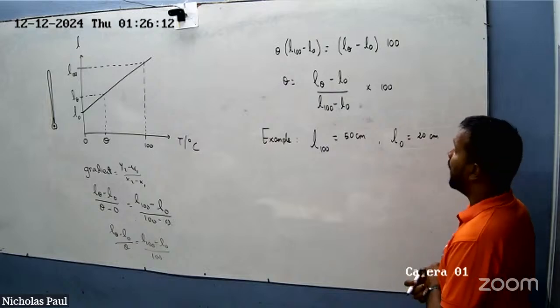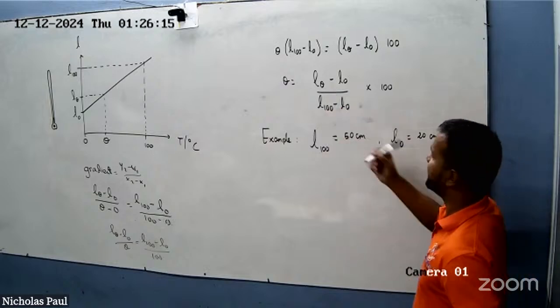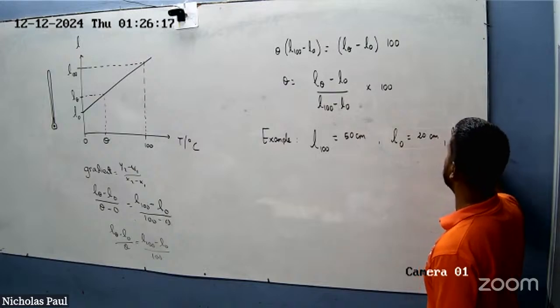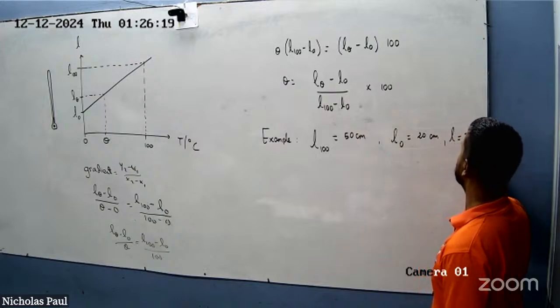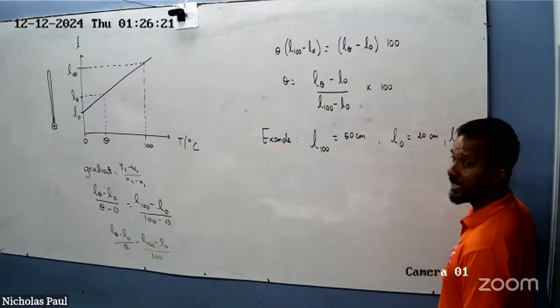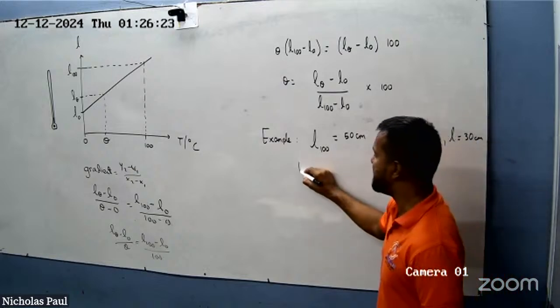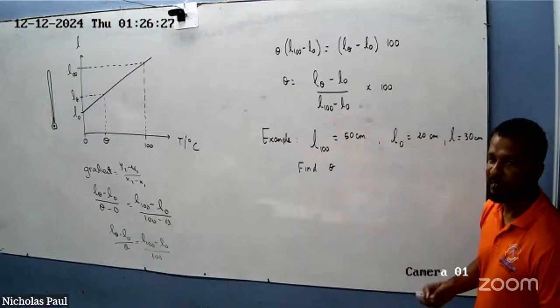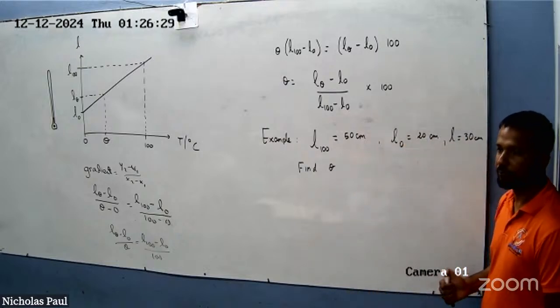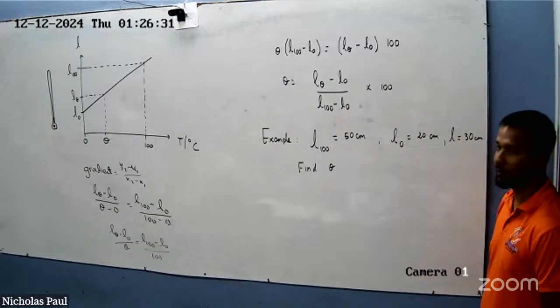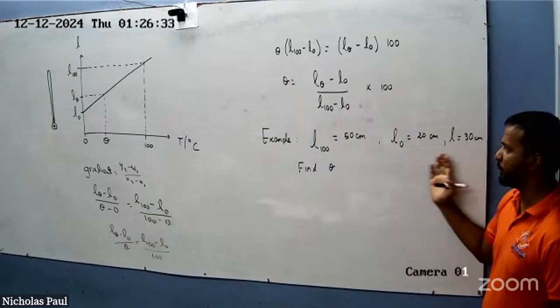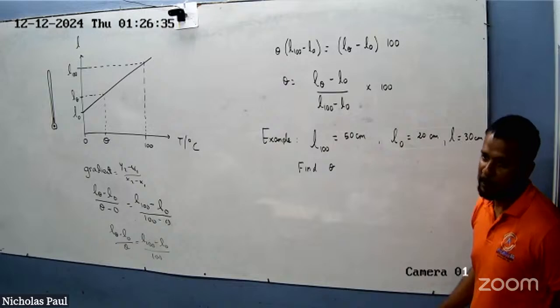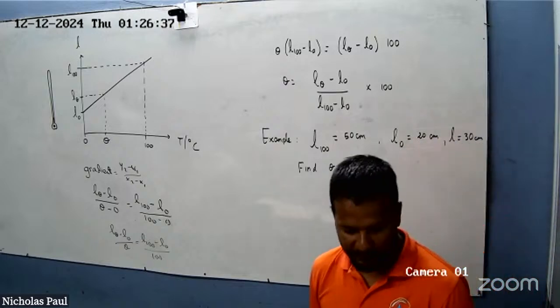All we need now is to get L theta, then we can find theta. So let's say L theta was 30 centimeters. See if we can find theta. Try that quick. Real simple. You just plug in these things in there. And that's basically how the empirical formula works.